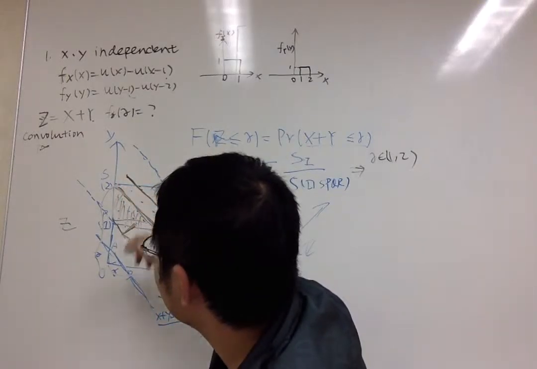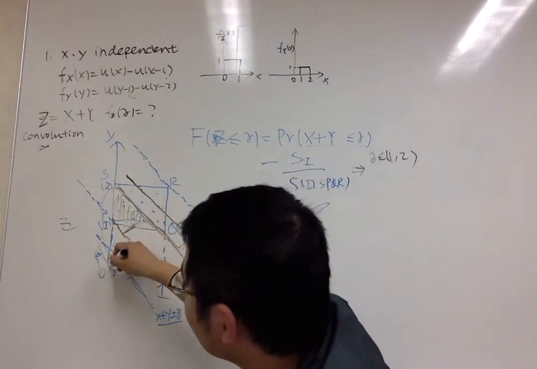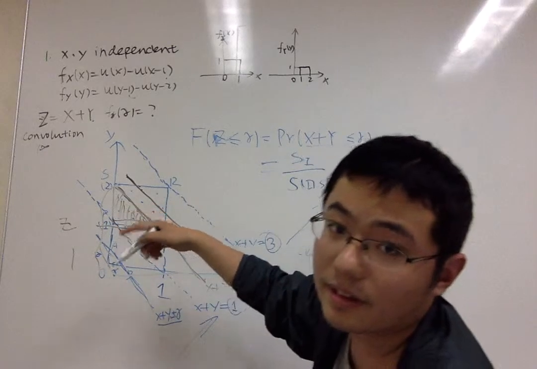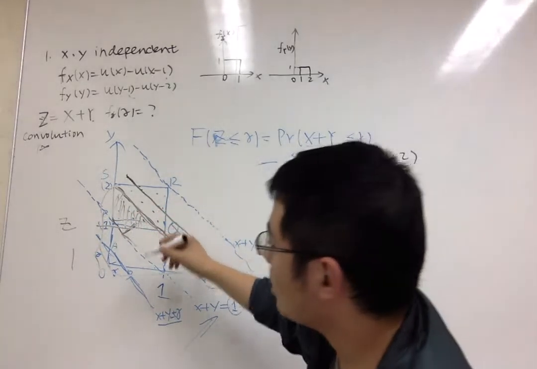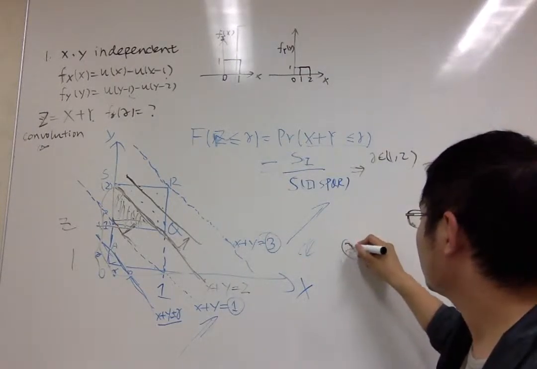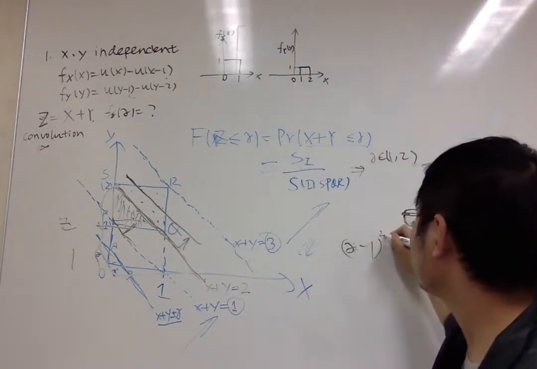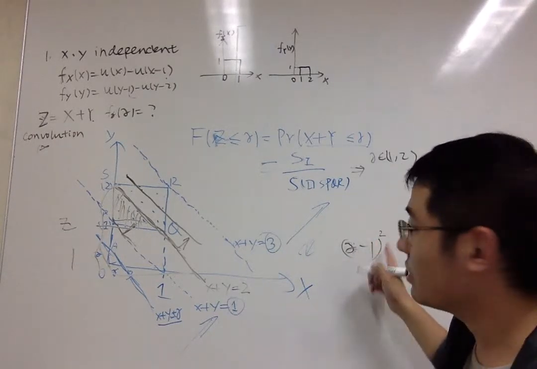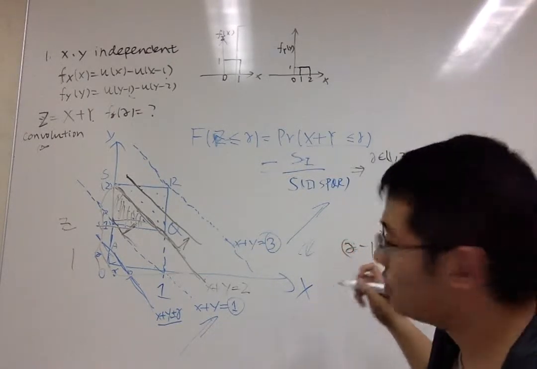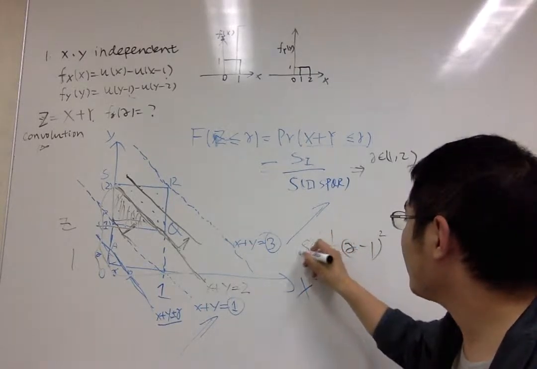So it's like this, and we're going to write it as 1. The side that is in the square should be z minus 1, and the other side is also z minus 1, so we have z minus 1 squared. We also multiply by 1 over 2 because we're talking about triangles. So this is the area.